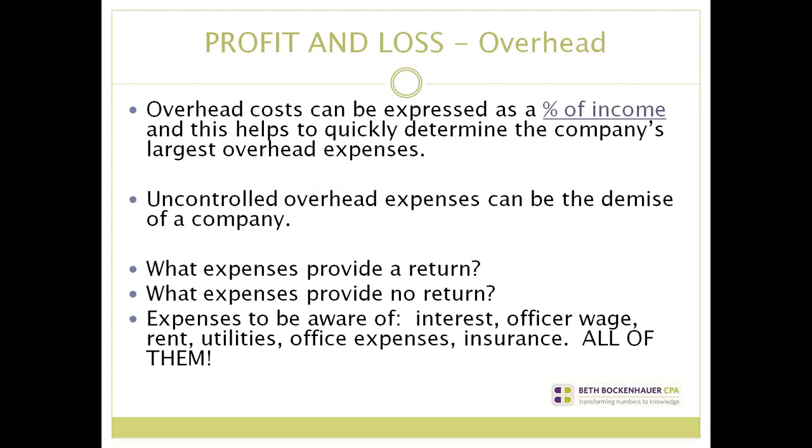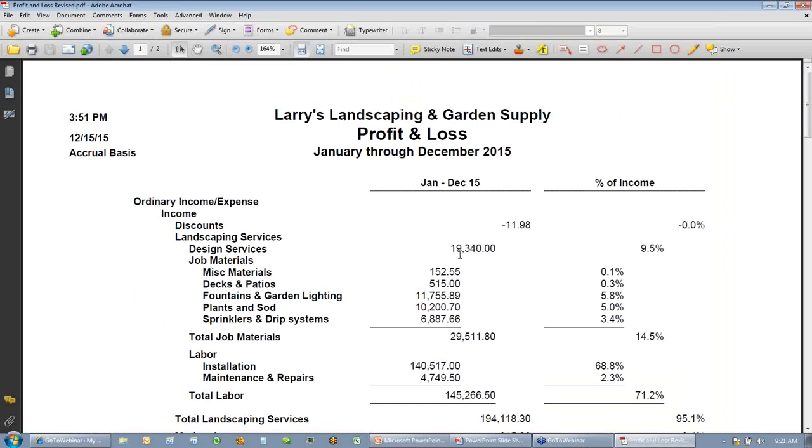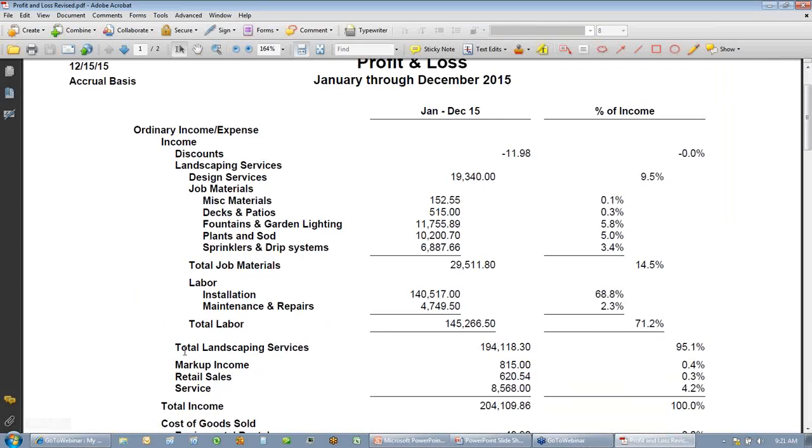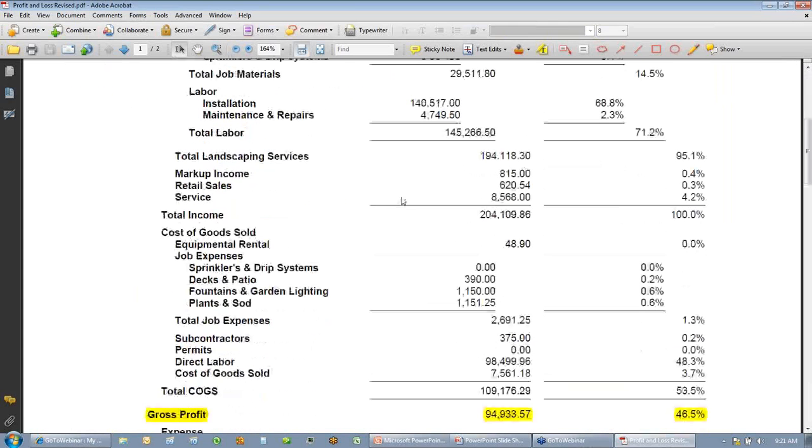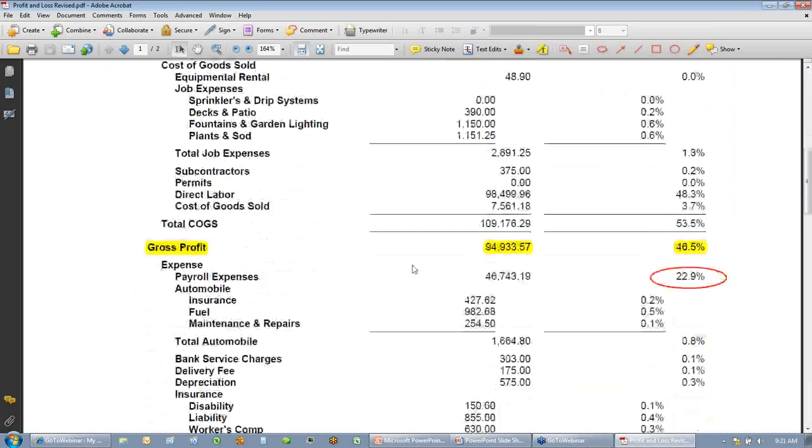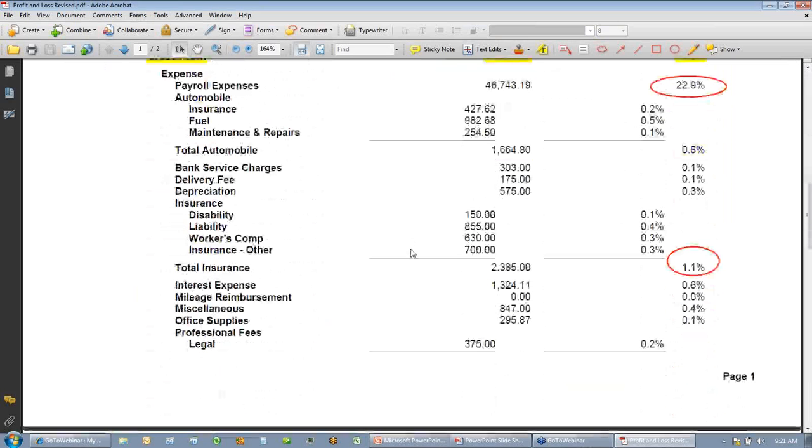Once again, overhead costs can be expressed as a percentage of income, and this helps you quickly determine the company's largest overhead expenses. Here is a visual of what I'm speaking about. Here's the income and the cost of goods sold side that we were looking at before, but here's our overhead expense side. As a percentage of income, for example, my staff payroll to support my operations takes up almost 23% of my income.